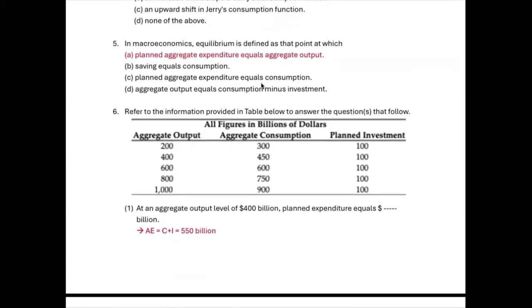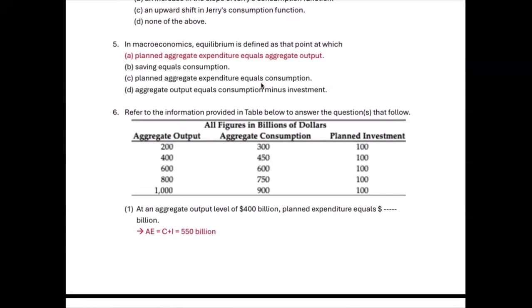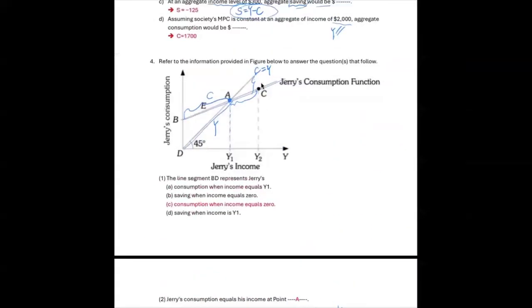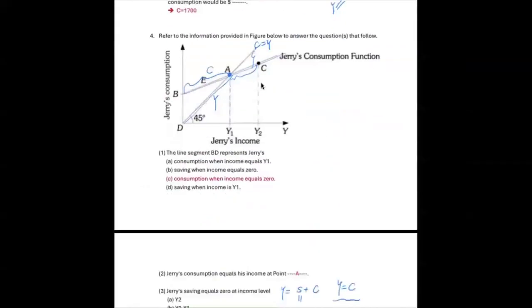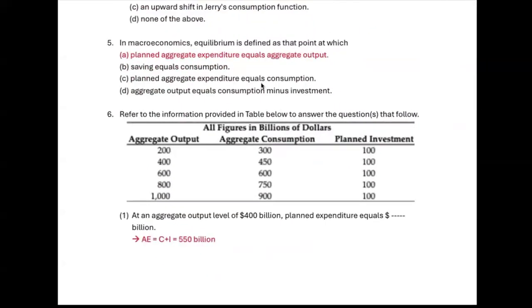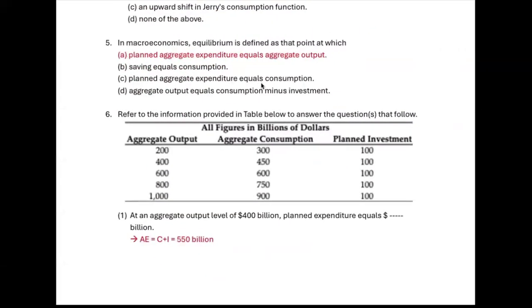So now let's look at table 6. This table actually has one more piece of information. In the previous table, we knew the aggregate income and aggregate consumption. So here, you can think of the output as the aggregate income. Aggregate consumption we already have, but what is the planned investment?